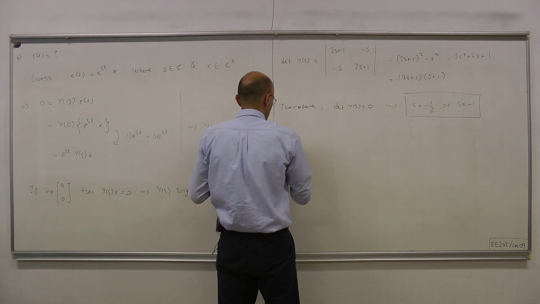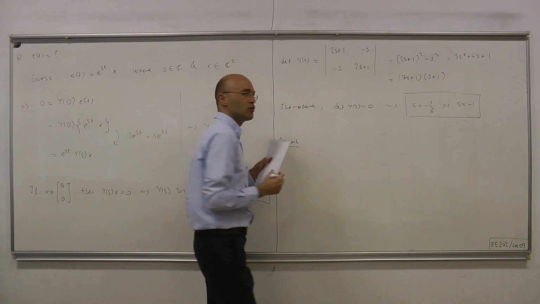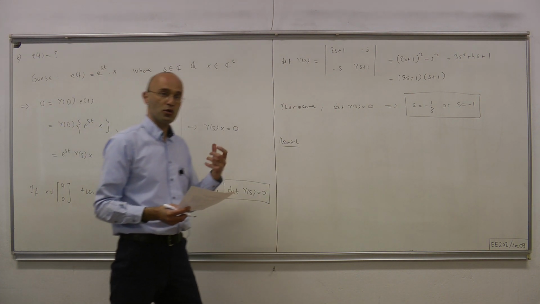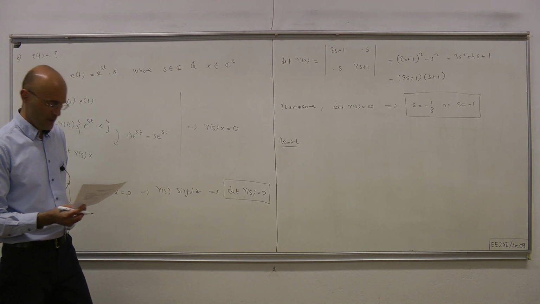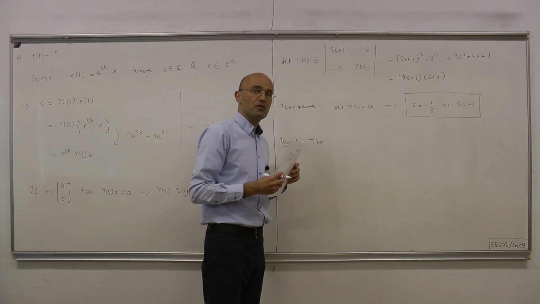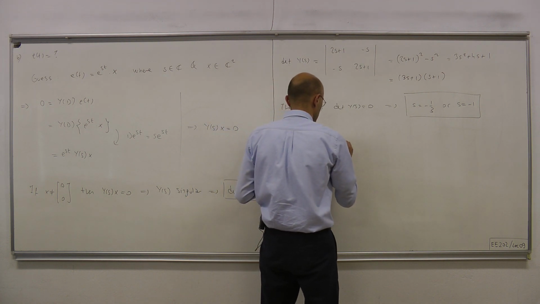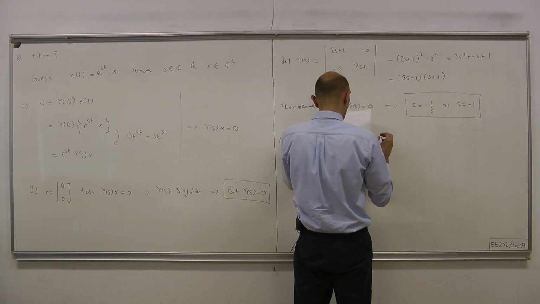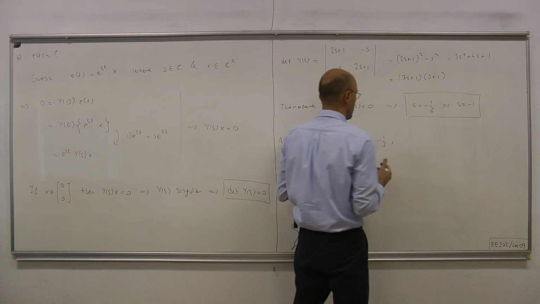But before that, let me put this remark down. Those two numbers are not arbitrary numbers. They're important for the circuit. Therefore, they have given names. In other words, they are the natural frequencies of the circuit. The roots s1 equals minus 1/3.